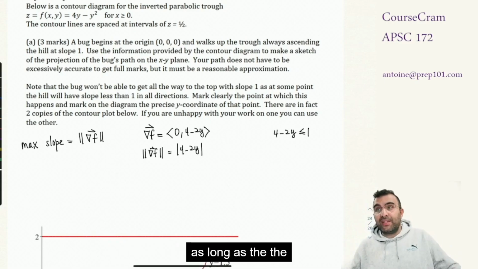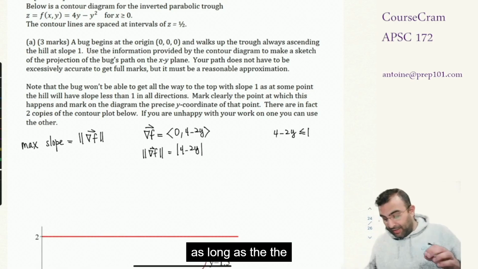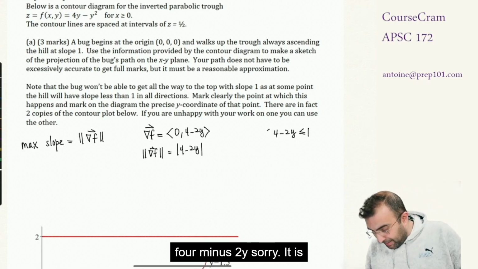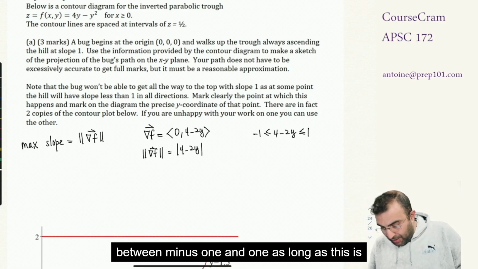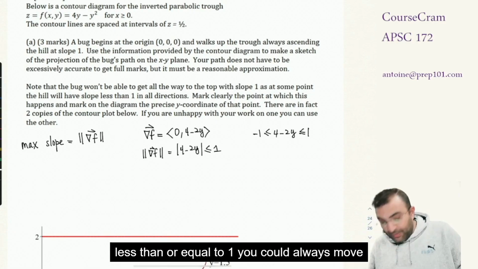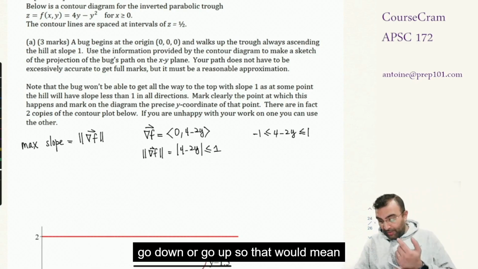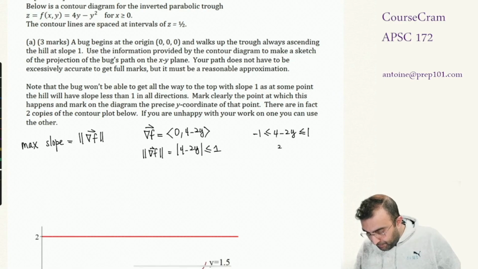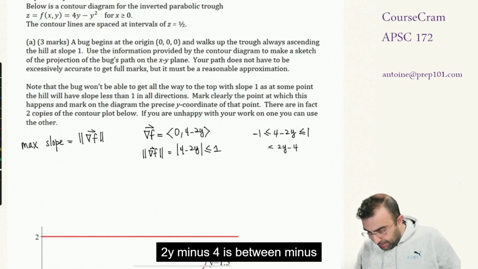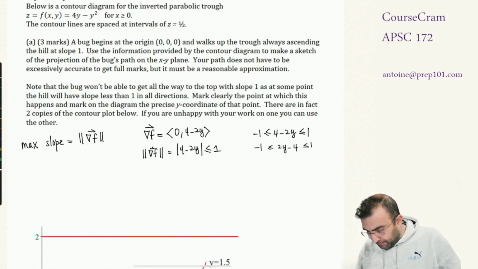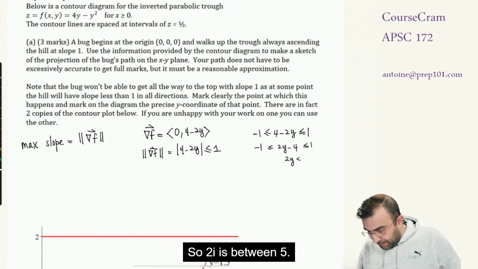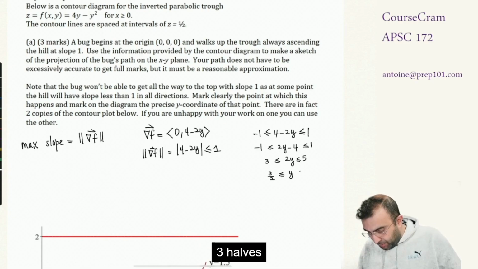You can keep moving as long as 4 minus 2y is between minus 1 and 1. As long as this is less than or equal to 1, you could always move at slope 1. They didn't tell us that it has to go up. It could go down or go up. So that would mean 2y minus 4 is between minus 1 and 1. So 2y is between 3 and 5, and then y is between 3 halves and 5 thirds.